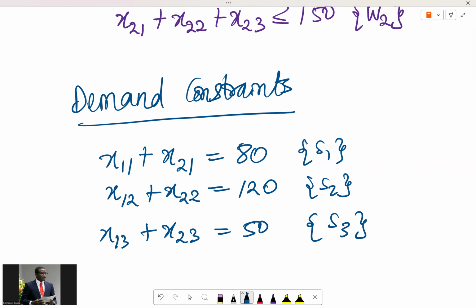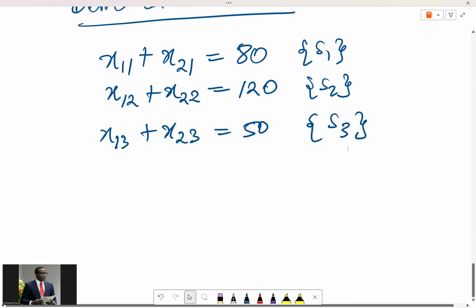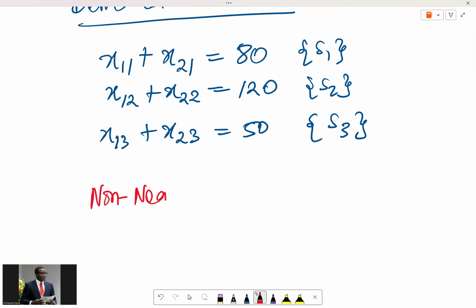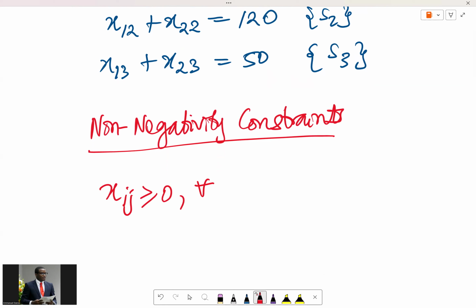Of course, there will be non-negativity constraints, as usual, because we cannot have a negative number of products. The non-negativity constraint would just be that xij is greater than or equal to 0 for every i, j.